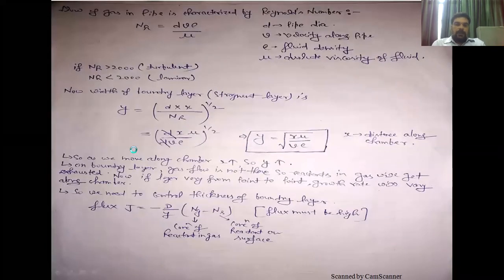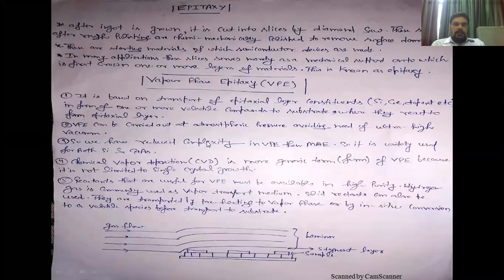Here in this diagram you can see that there are certain physical aspects which need to be discussed before strictly going into vapor phase epitaxy. Suppose there is a gas flow here.